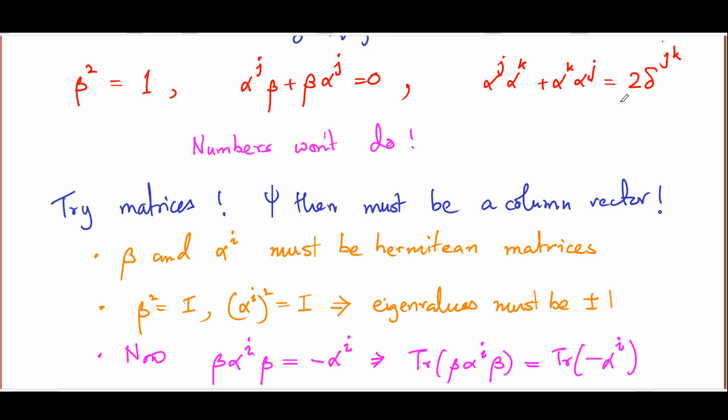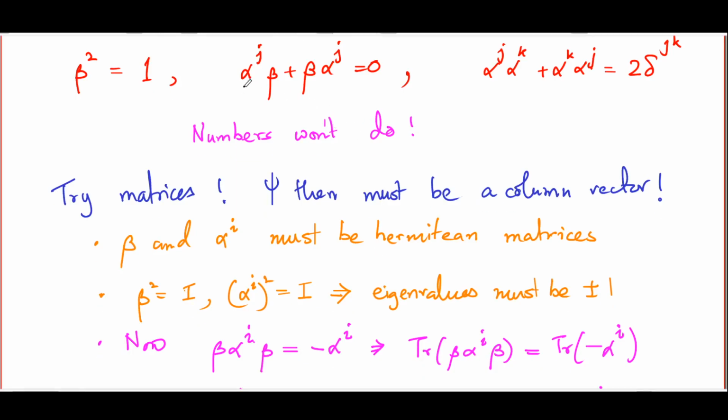Now the last of our demands, alpha k alpha j plus alpha j alpha k is twice delta jk identity, specialized to the case where j and k are both equal to i, would simply read alpha i square is also identity for each one of the i's. That means for any i, the matrix alpha i would also again have eigenvalues of plus 1 and minus 1. So all possible eigenvalues of the four matrices we are looking for are either plus 1 or minus 1.